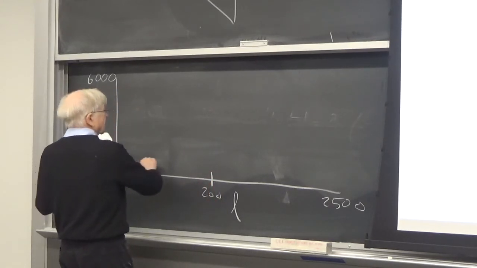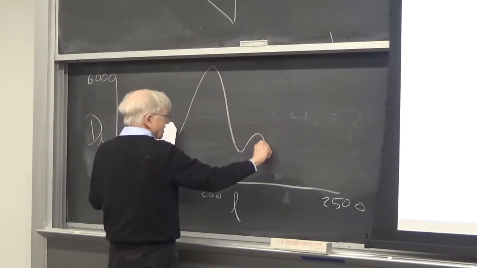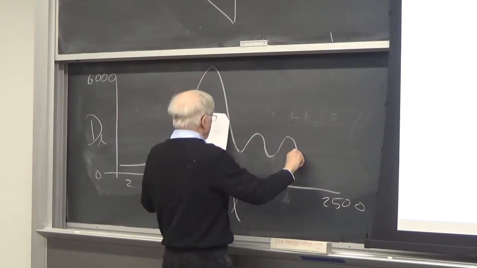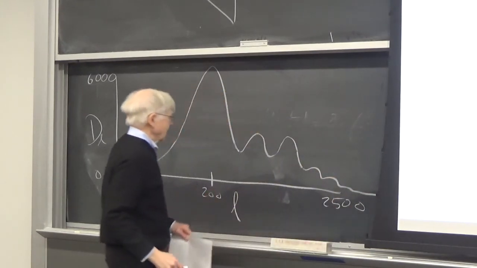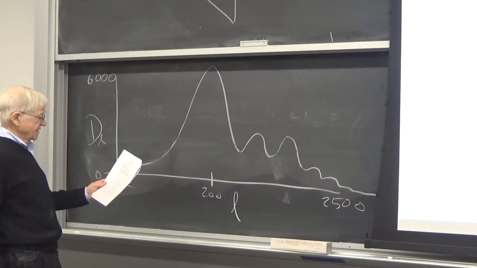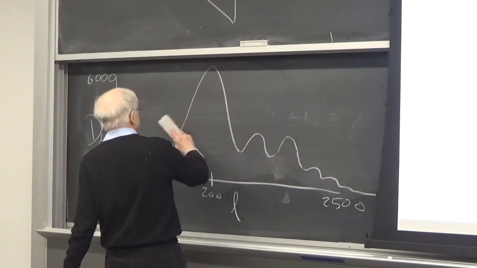And so this thing goes up like this, and then comes down, and then it starts trailing off like that. Well, I'm afraid I did not do that so well to scale. Let me redo this.